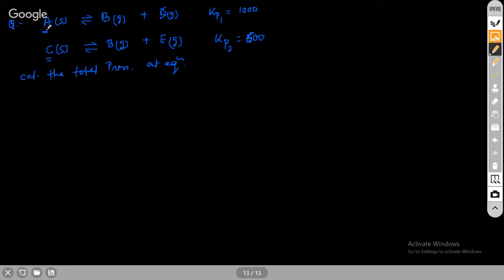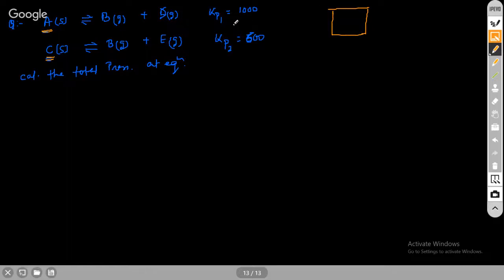Like I said, two different reactants giving a common product. At least B is common in these two. And it's not that the two reactions are taking place in two different containers. We have the same container in which the reactions are taking place. Closed container, obviously. A is also dissociating and C is also dissociating over here.